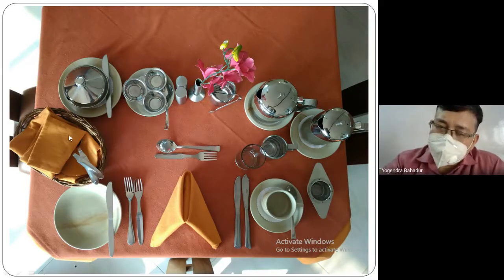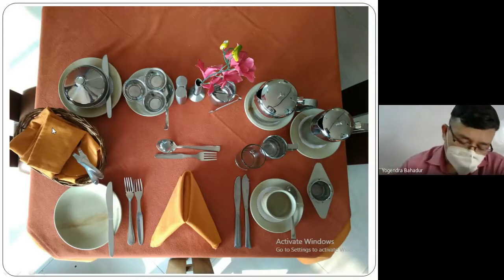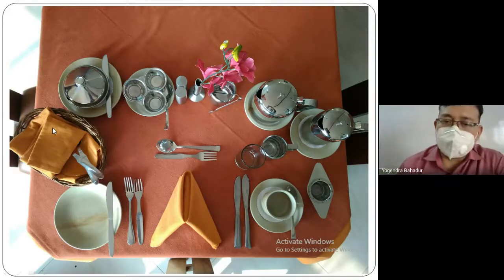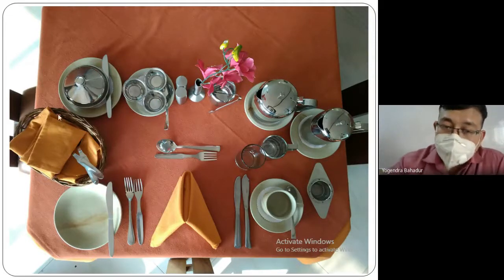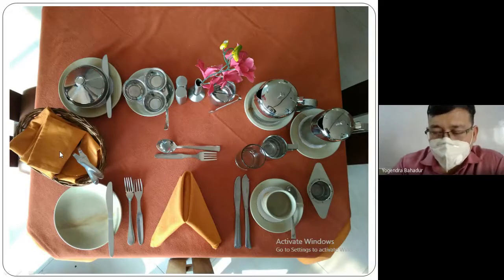Why do we provide these bread baskets? In order to serve the breakfast rolls. And very clearly, whenever we provide toast to the guest, as we have already discussed the different varieties, along with the toast we need to provide the butter dish.